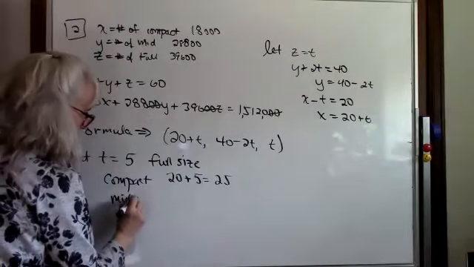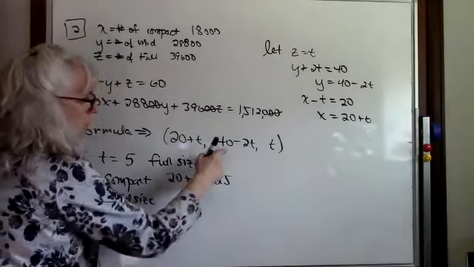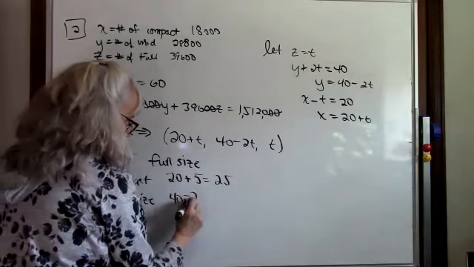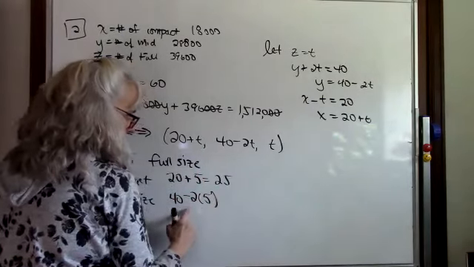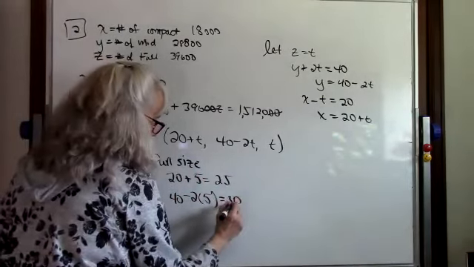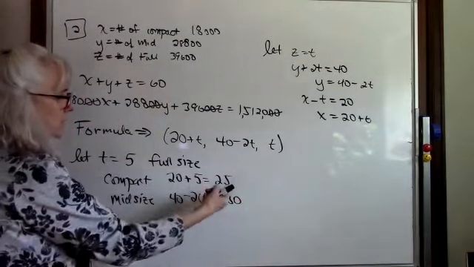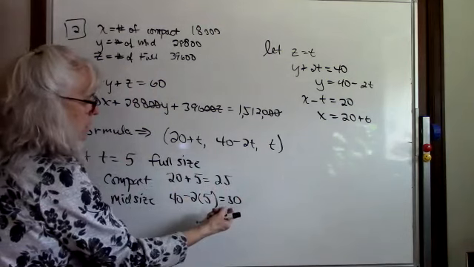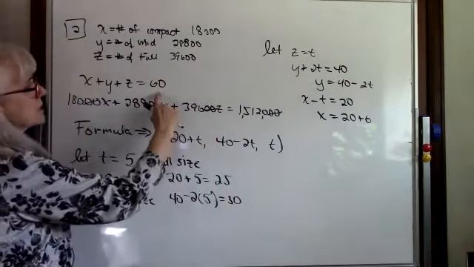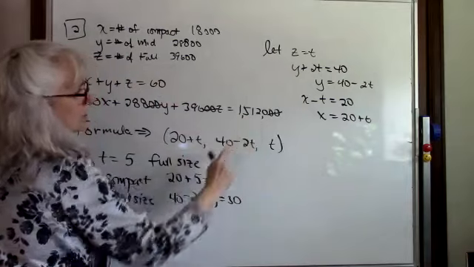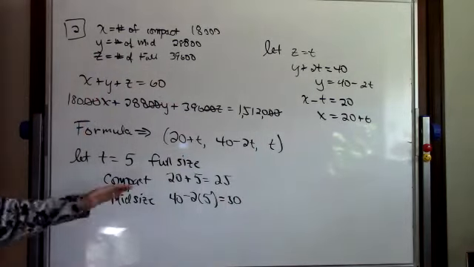And the mid-size cars would be 40 minus 2 times our T, which is 5. So that's 10. So that would be 30. So if the fleet purchases 5 full-size, they will also need to buy 25 compact and 30 mid-size to hit their total of 60 and their 1,512,000. So there's one possible solution.